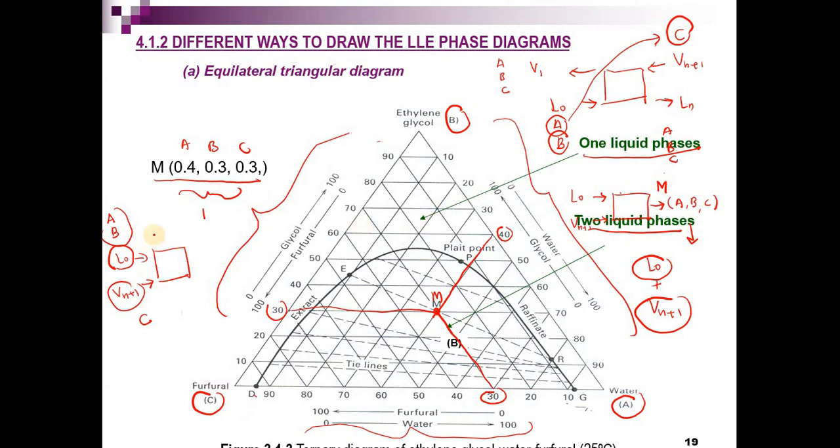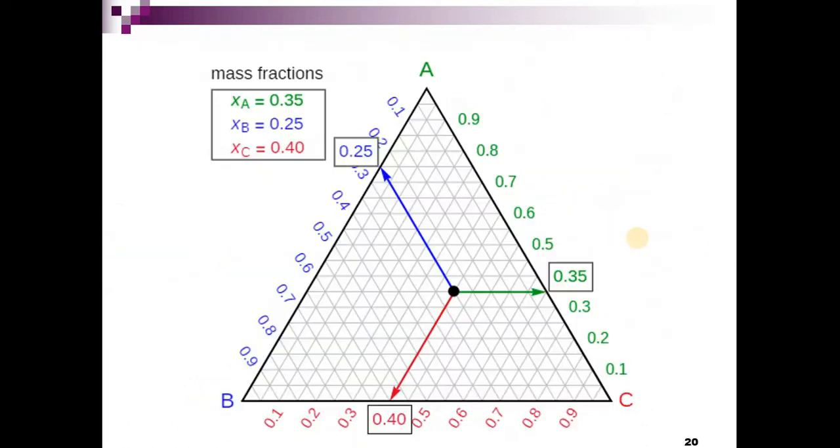It means that it hasn't mixed yet. It contains one liquid phase, either feed or solvent. When these two mix together, the location of M, the mixture, will be inside the equilibrium curve, which means it has two liquid phases.